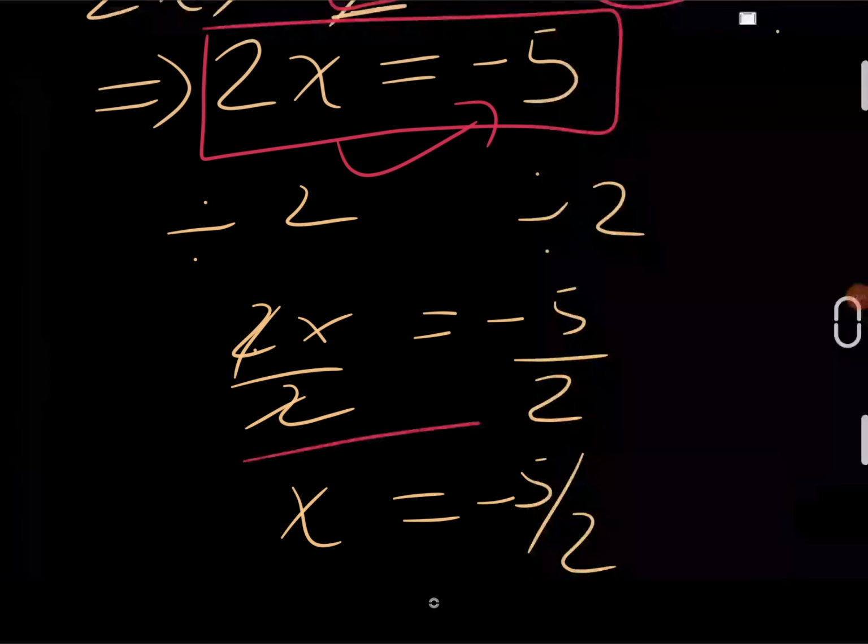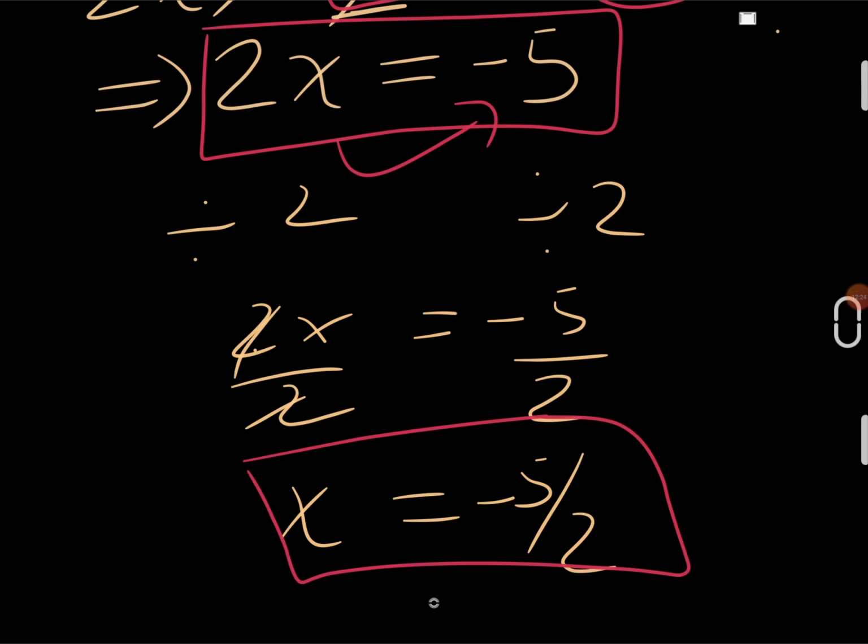Do you understand what happened here? Usually when we have this, we say okay, we cross multiply and 2 goes below minus 5. But how does it happen? We divide the whole thing by 2, then simplify it, and x is equal to minus 5 by 2. It is not that 2 jumps below 5.